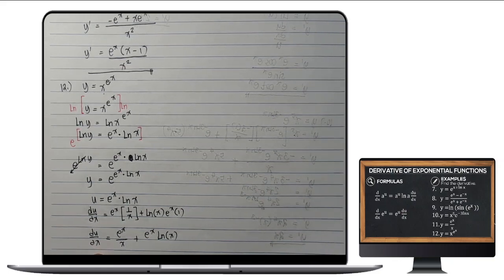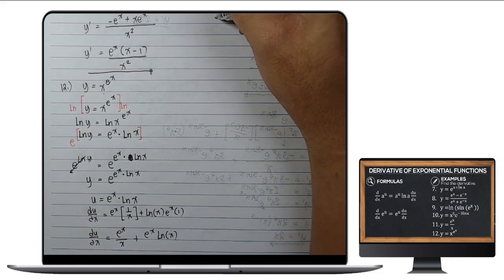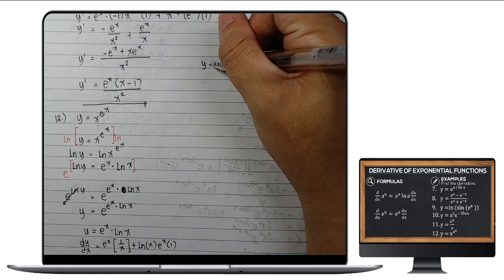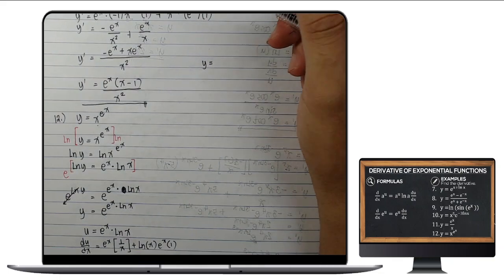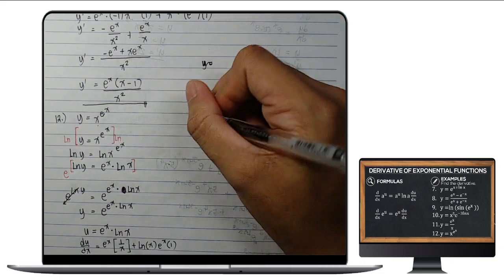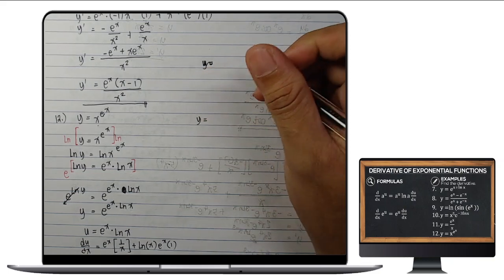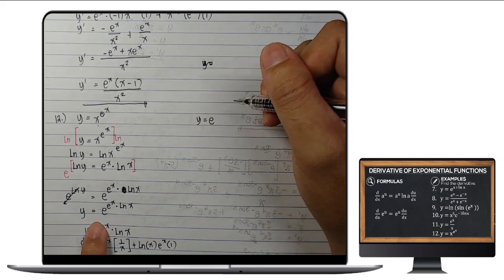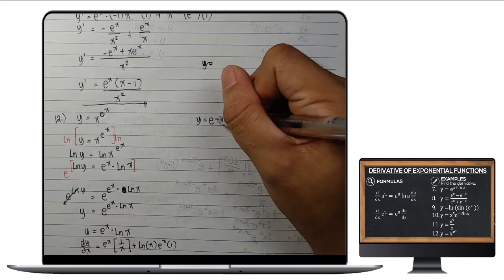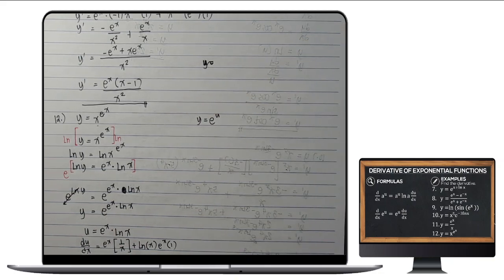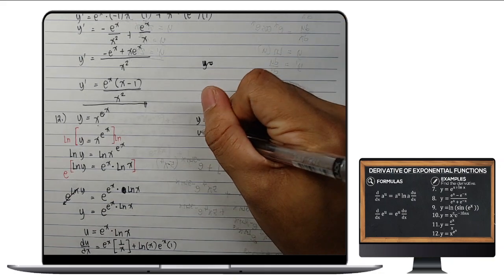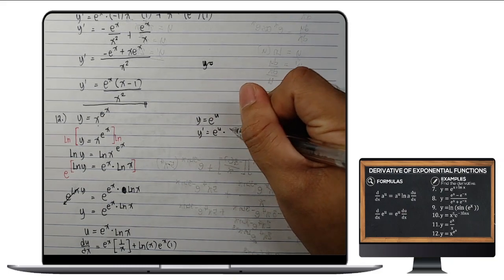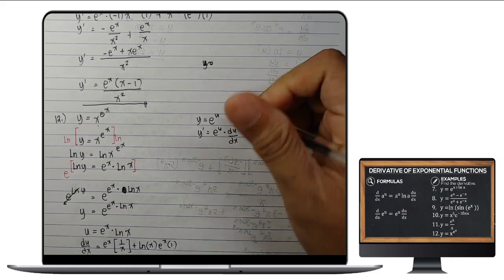So that is our derivative of u with respect to x. And with that, we can transform our y. So, our y is now equal to e. Okay? So, yung e natin, so this part is u. Okay? So, we have y is equal to e raised to u. So, when we get the derivative of this, so y prime is simply e raised to u times derivative of u with respect to x.